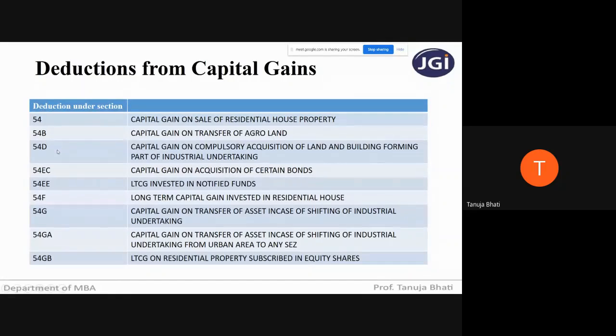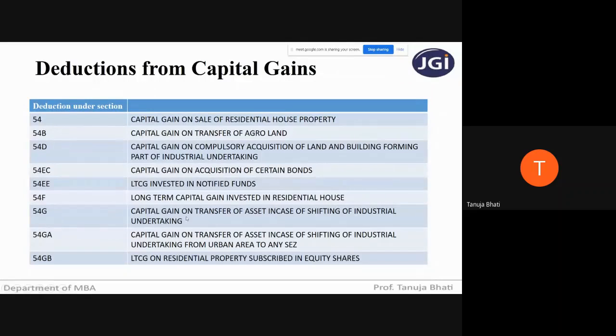Under 54D, it is capital gain on compulsory acquisition of land or building forming part of an industrial undertaking. 54EC, capital gain on acquisition of certain bonds. 54EE, long-term capital gain invested in notified funds. 54F, long-term capital gain invested in residential house.